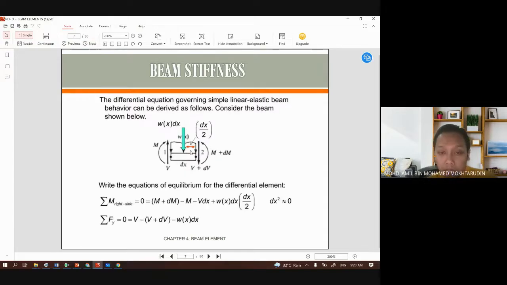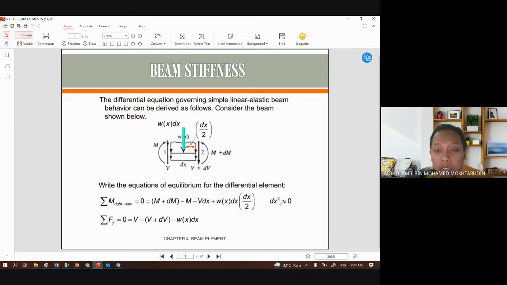Inside the element, big V represents the shear force at each node of the small element. Then we have M, and on the other side M plus a small change dM. The length of the small element is dx. It's like deriving using differentiation. So we derive the moment.